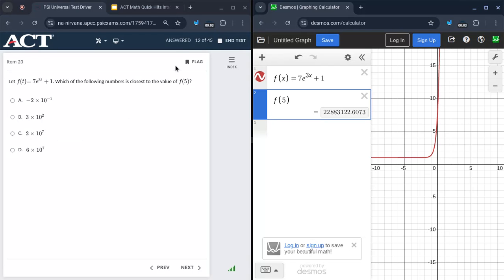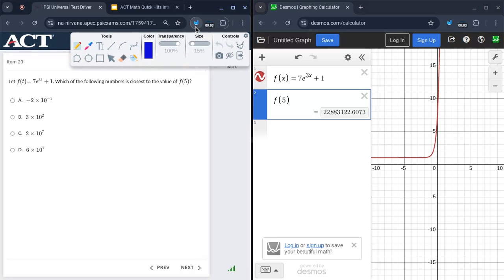So let me just take the extra step and talk about what this scientific notation means. This 2 times 10 to the 7th just means we have a 2, and then we have 7 zeros following it, or like our decimal place is 7 units away. So 1, 2, 3, 4, 5, 6, 7. And so if we go back and look over here, if we were to move our decimal places 7 places to the left, 1, 2, 3, 4, 5, 6, 7, we would have like 2.2 times 10 to the 7th.